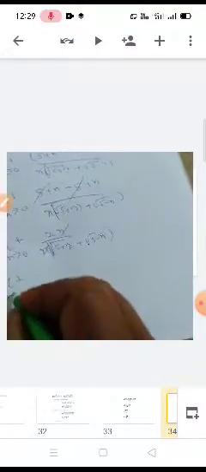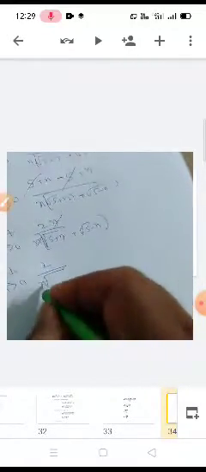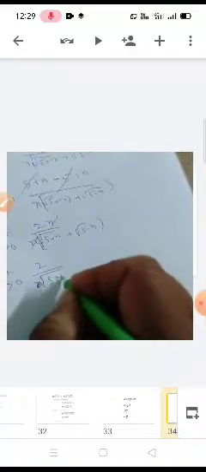Here x gets cancelled, that is equal to limit x tends to 0, 2/(√(5+x) + √(5−x)).